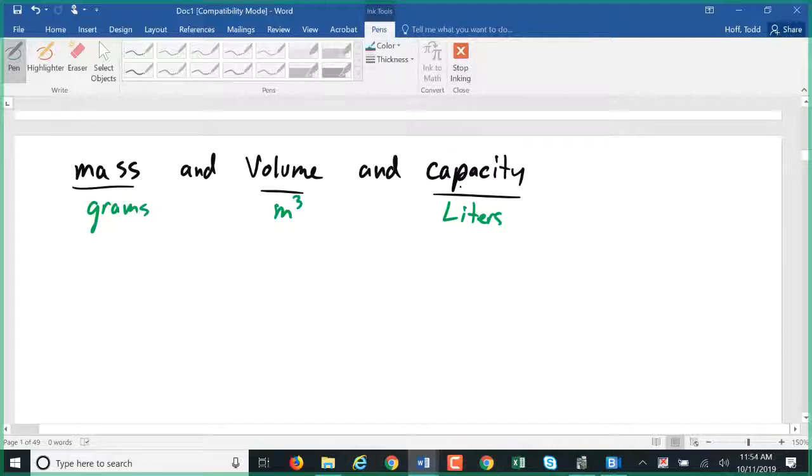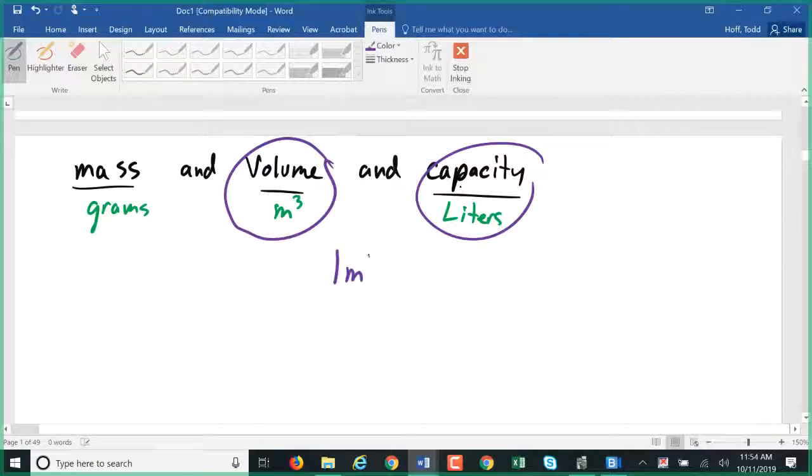To make a relationship between volume and capacity, they created the units of a liter such that 1 milliliter was equivalent to 1 cubic centimeter. So 1 centimeter by 1 centimeter by 1 centimeter is a milliliter. Basically, a milliliter is about the size of a sugar cube.